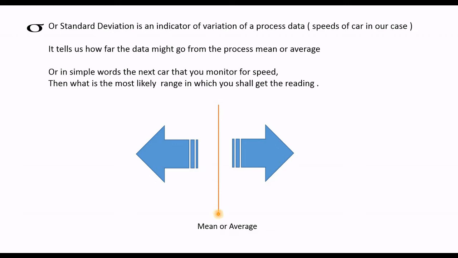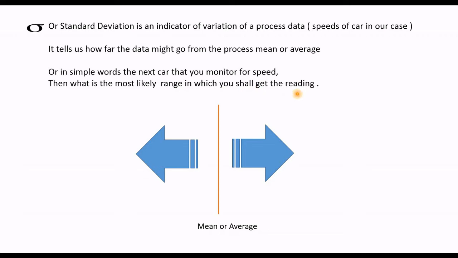They must have a mean, an average. Let's say this is the average of the car speeds that the policeman has recorded. Standard deviation will tell us how far away on the upper side and how far away on the lower side the car speeds can go. That means for the next car that the policeman monitors for speed, what is the most likely range in which you shall get the reading?